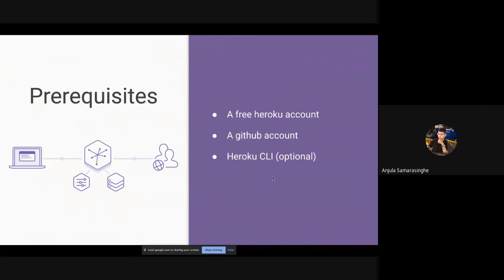We use these two methods for deployment. If you are not using GitHub, you can use the Heroku CLI tool. But today I'm going to demonstrate using a GitHub account, because we are going to deploy our Safe GitHub Leaderboard, and it's already on GitHub.